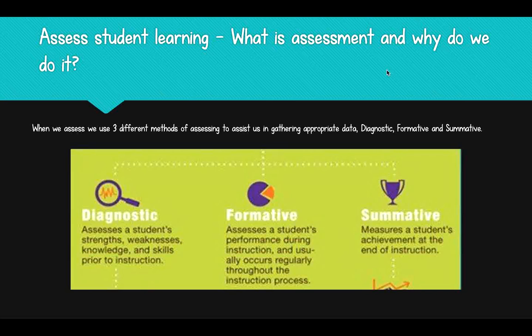So you might conduct formative assessments during a unit to see whether you can move on to a next topic, or whether there are still gaps, or whether they're actually getting it really quickly, so you might be able to move on. And then summative, so you would do that at the end of a unit. So it's assessing, measuring their achievement at the end, so how well they've done and how well they've met their outcomes.